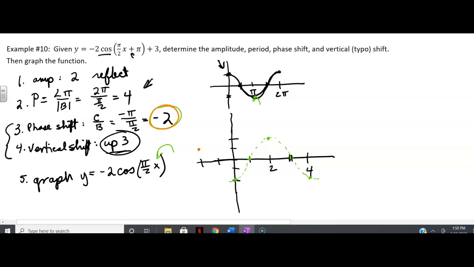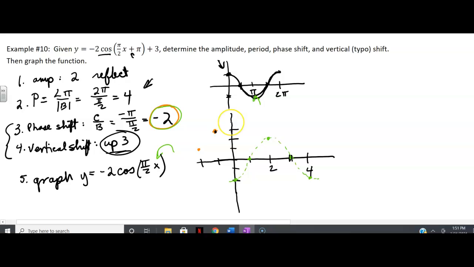Then I'm going to take this point at 1, 0, and I'm going to go left 2 and up 3, and now I need another line there. So it would be right there. Okay. And then I'm going to take the point at 2, 2, go back 2, and shift up 3, and then I've got to go a little bit higher.